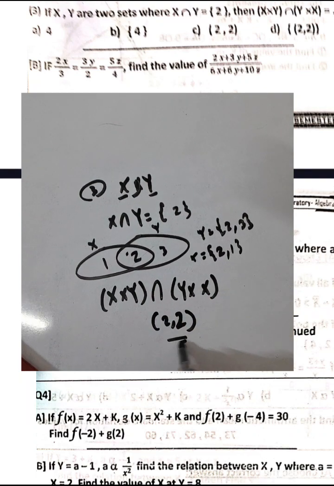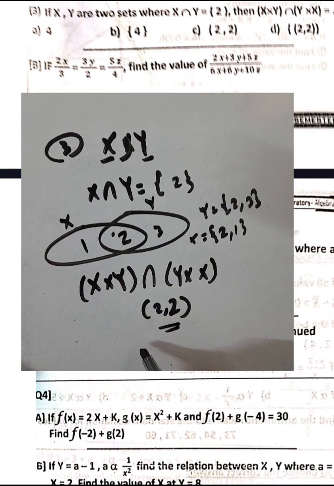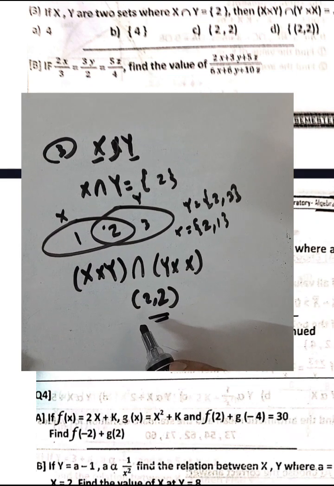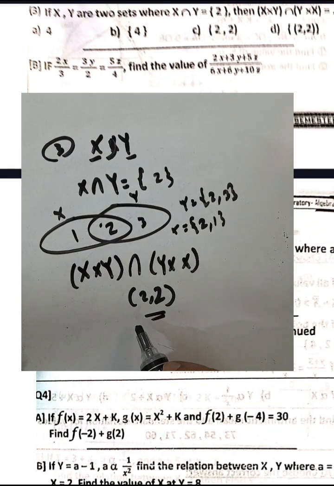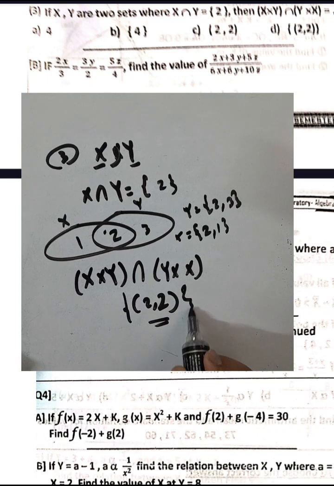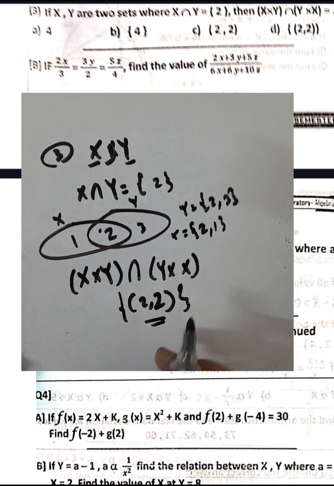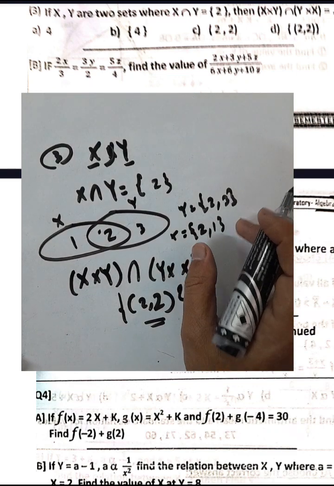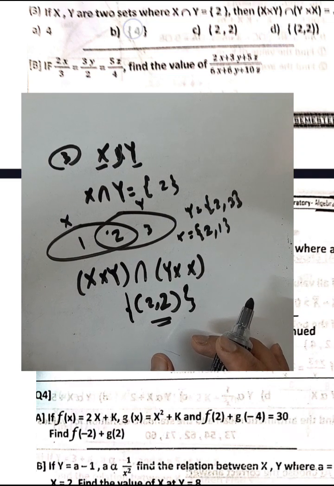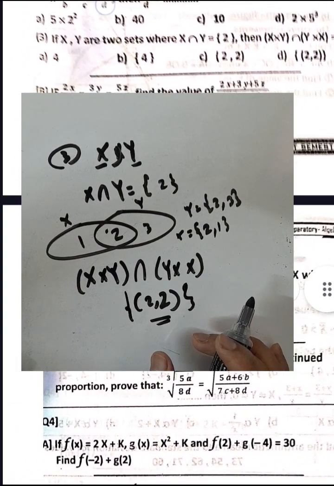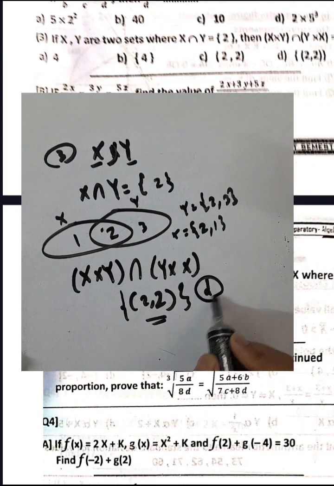Then the Cartesian product will be the set of the point 2 and 2. Choose letter D about this example.